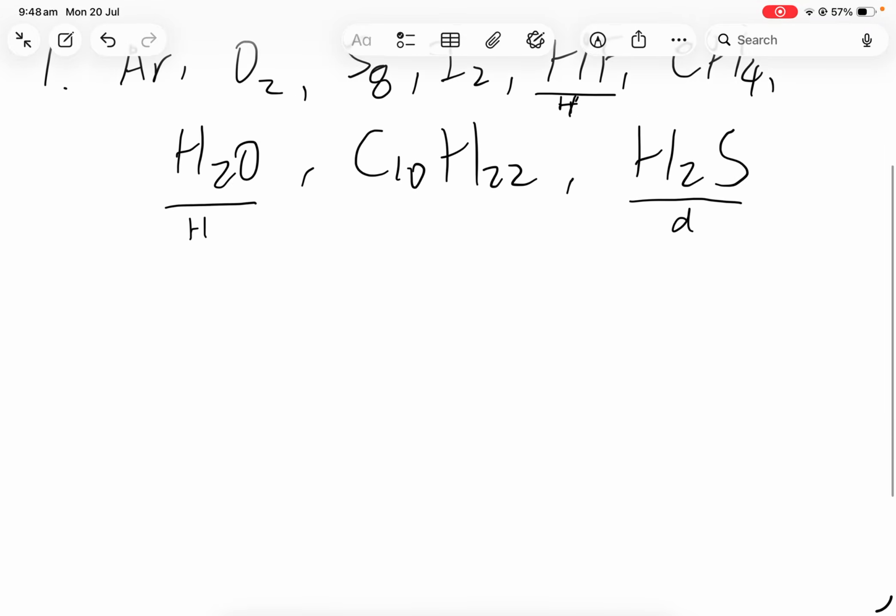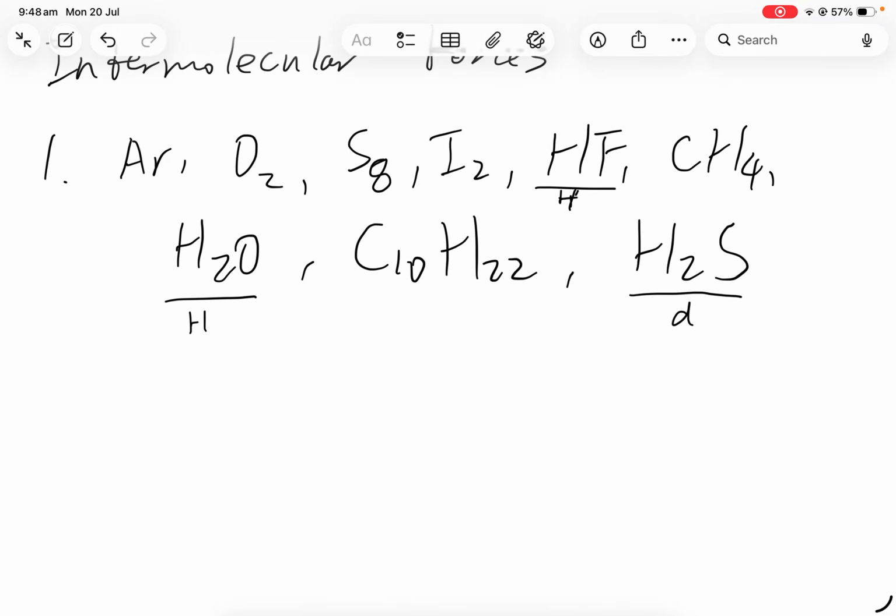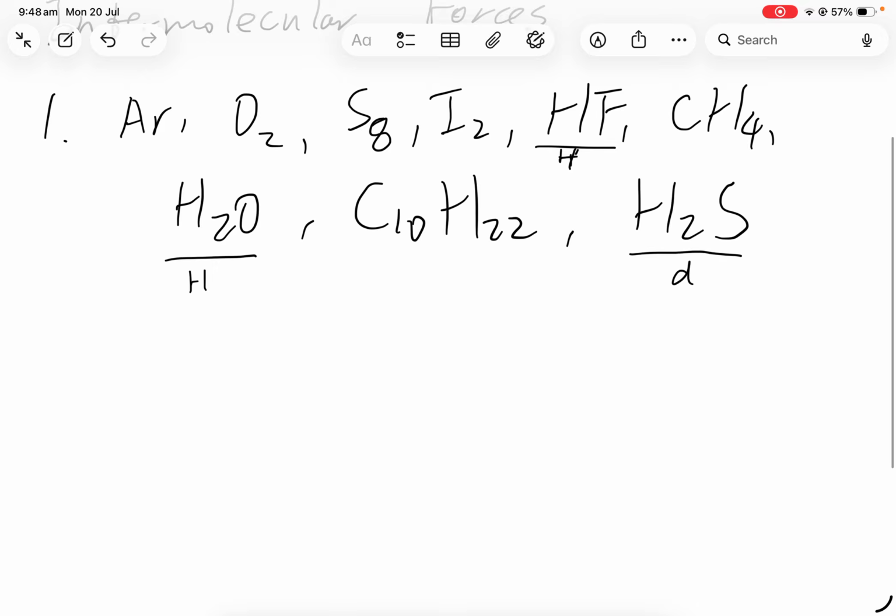It says lowest boiling point to highest boiling point. Okay, let's look at each of the dispersion ones. These only have dispersion. If you have dispersion and you want to order them, you look at their atomic mass.